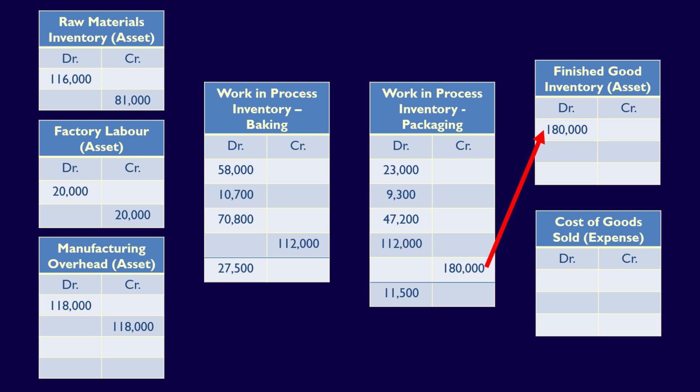Updating the T accounts, debit finished goods inventory and credit work-in-process inventory packaging for $180,000. The $11,500 remaining in the work-in-process inventory packaging account are the units that have not yet completed the packaging process by the end of the period. They'll be completed next period.